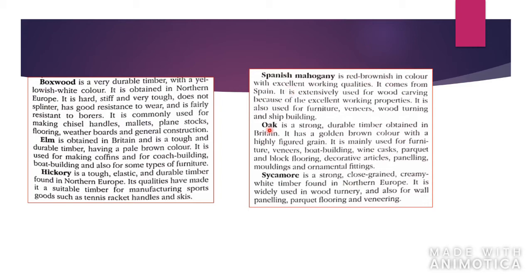Oak is a very strong, durable timber, and is obtained in Britain. Sycamore is also a strong, close grain, creamy white timber, and it's similar to the previous one, the ash, but it has a different look. It is similar to the boxwood.